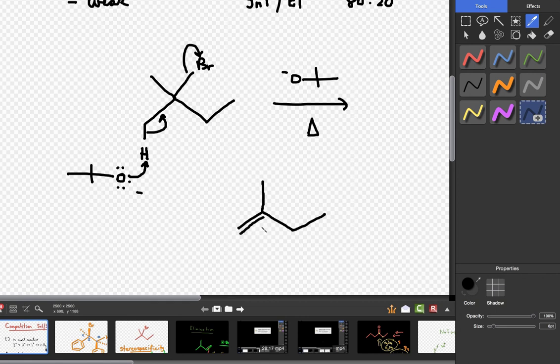Notice I only have 2 alkyl groups that are bonded, whereas if I had a less bulky base, I would have 3 alkyl groups that are bonded. This is called a Zaitsev product. This is called the Hofmann product.